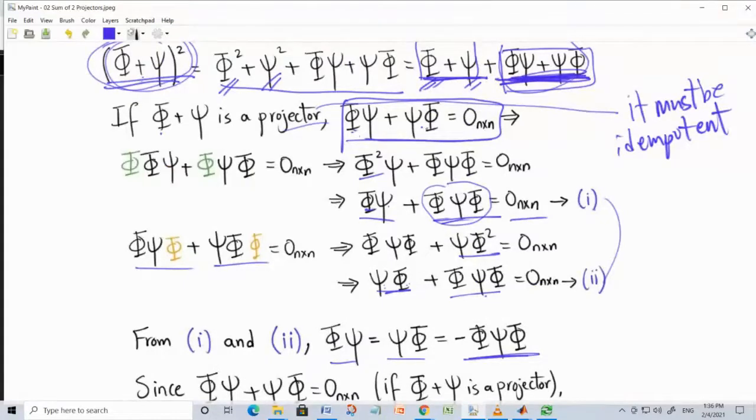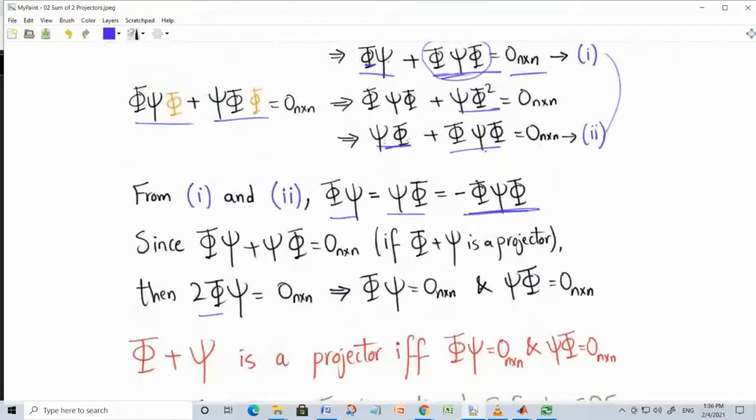But we have the sum of these two matrices equal to the all zero matrix, and now we have shown that they are equal to one another, so 2 multiplied by the matrix is the all zero matrix. 2 is just a scalar. It means that phi psi is equal to 0, and the other one is equal to it. So this guy alone is 0, and this guy alone is 0.